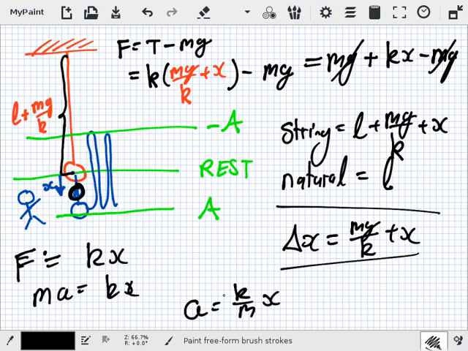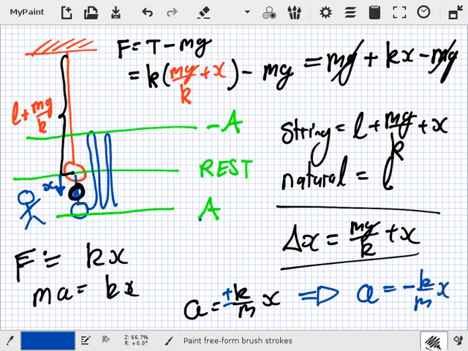Now, there is an issue with plus or minus here because it depends where it is. In my picture, I said down is positive and up is negative, but usually it's the other way around. So if I change that for a moment, the acceleration is minus k over m x.